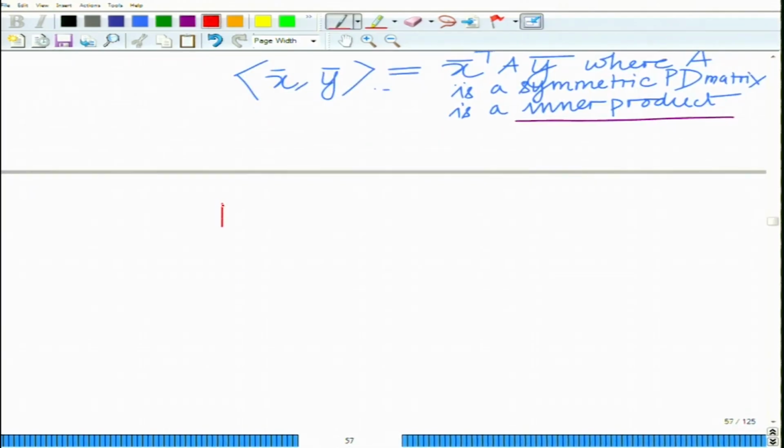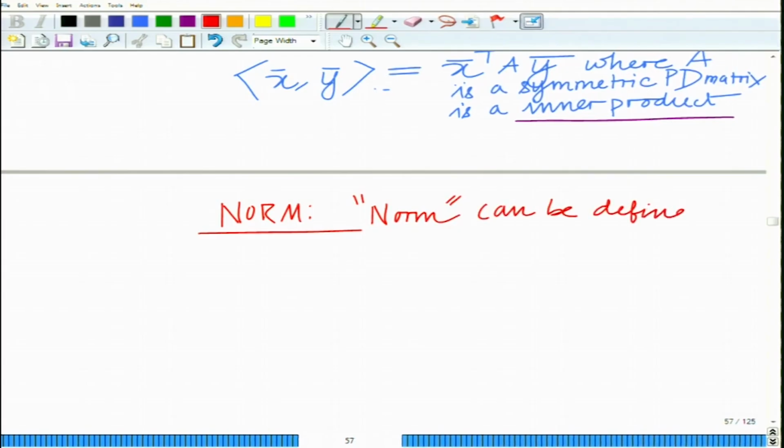The norm can be defined using this concept of inner product.